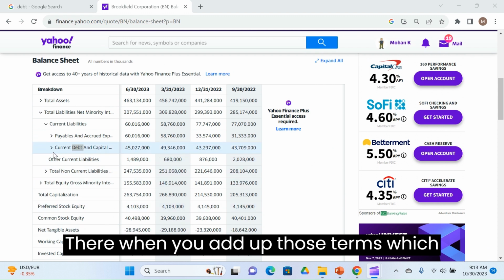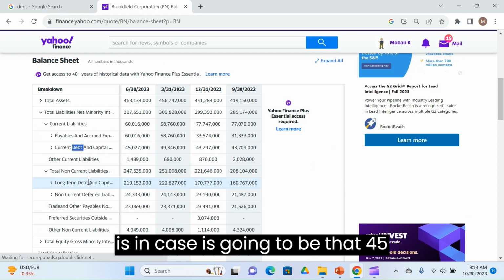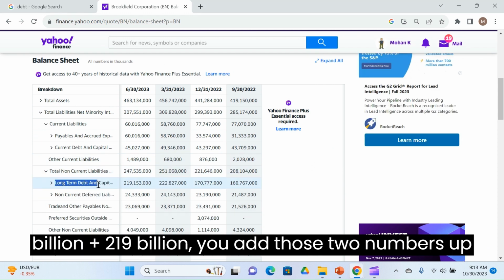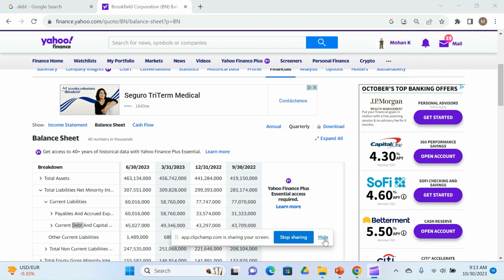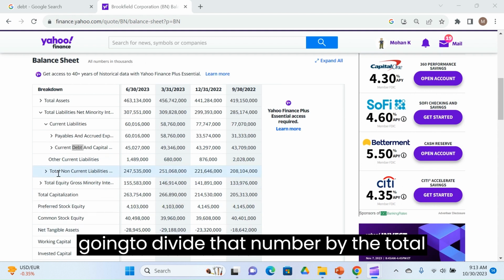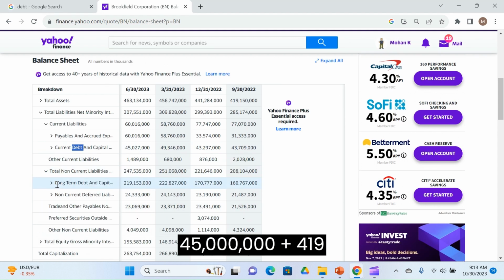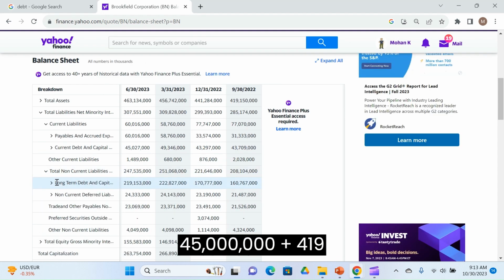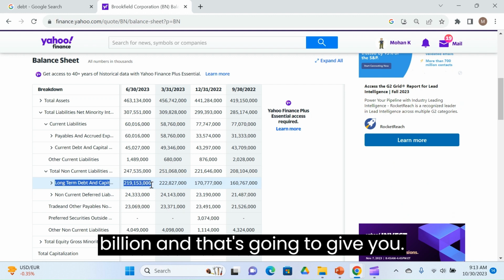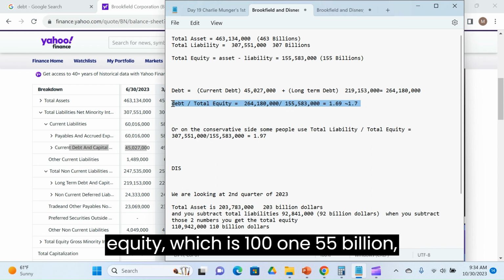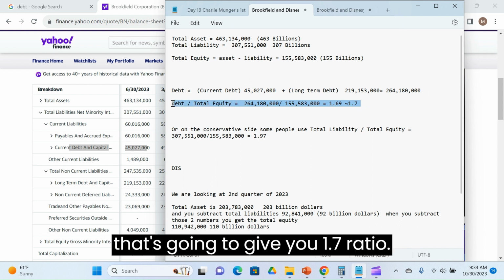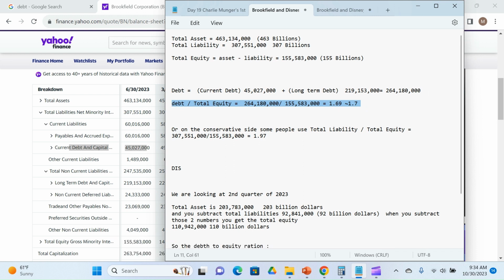That's 45 billion plus 219 billion, and you add those two numbers up and then you divide that number by the total equity. That's going to give you 264 billion divided by equity, which is 155 billion. That's going to give you a 1.7 ratio.